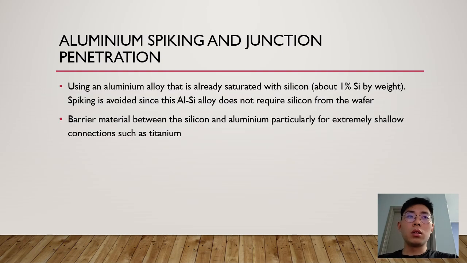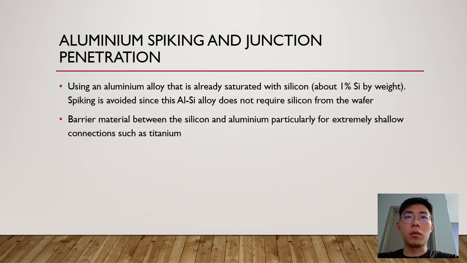The standard method to solve aluminum spiking and junction penetration is using an aluminum alloy that is already saturated with silicon, which is about 1% silicon and 99% aluminum.